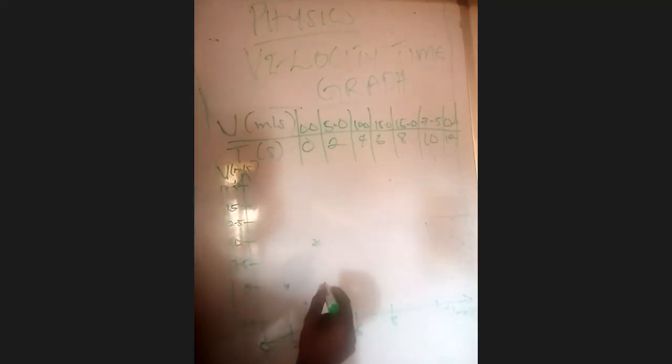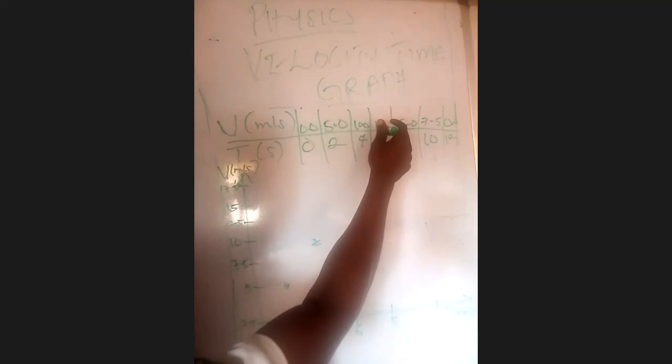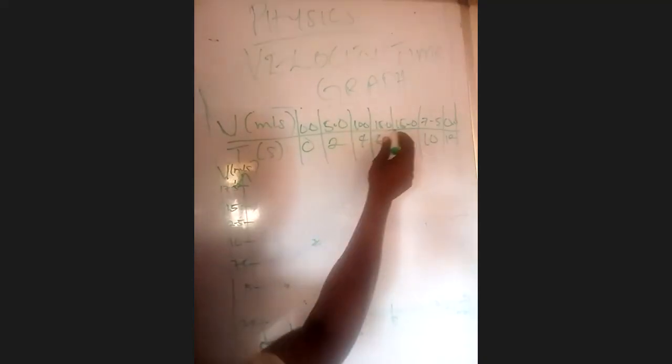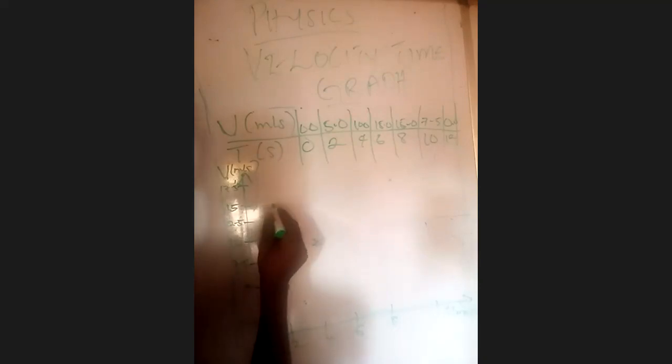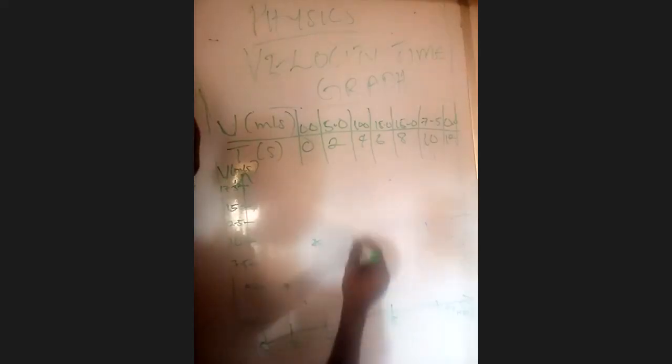If you look into how the graph is moving, you get it clearly. When the velocity is 15.0, the time is 6 seconds.